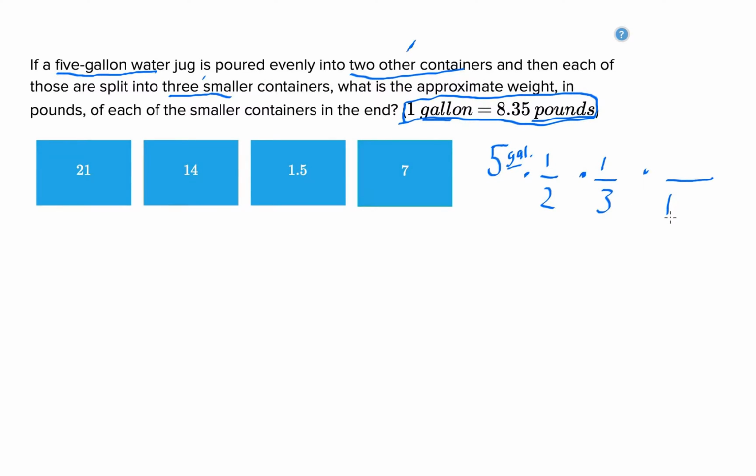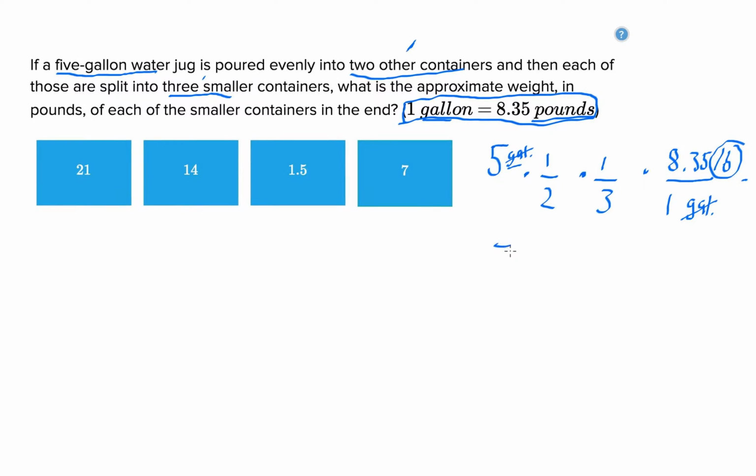So 1 gallon is going to be equal to 8.35 pounds. And when we multiply everything together, these gallons are going to cancel out, and we're going to be left with pounds.